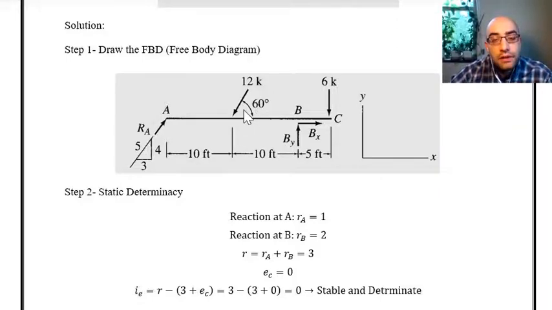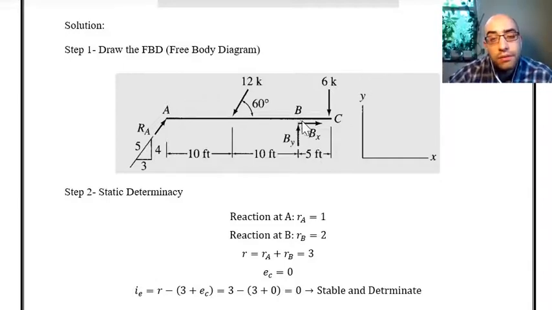So if I calculate that and use that, that will be the vertical component of the force, and the distance to point C will be 10 plus 5 or 15 feet. So 12 multiplied by sine of 60 multiplied by 10 plus 5 or 15 will be the moment because of this force, and that should be positive because the direction of the moment will be counterclockwise, right? It is counterclockwise.